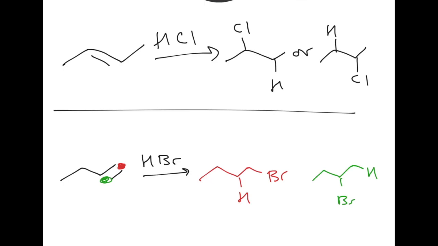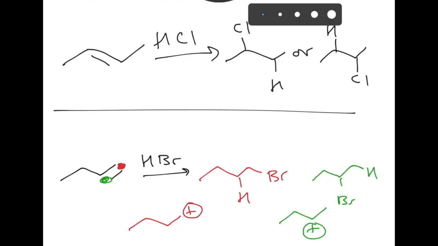So if we just go back a step, what kind of carbocation is the red one? It is primary. What kind of carbocation is the green one? It's bonded to two carbons. Secondary. It's directly bonded to two carbons, so it's secondary.